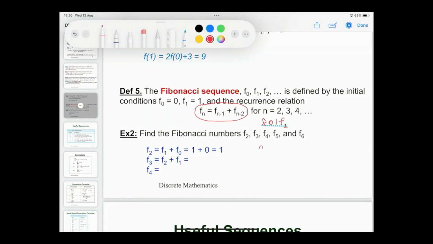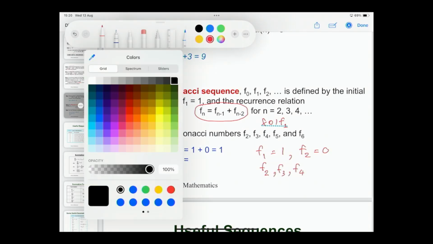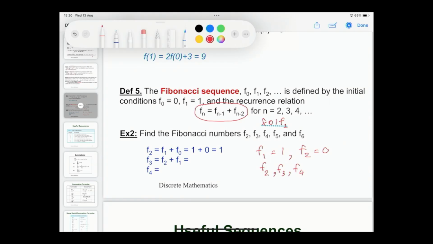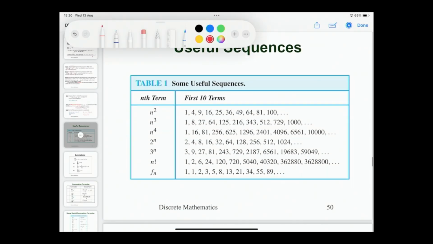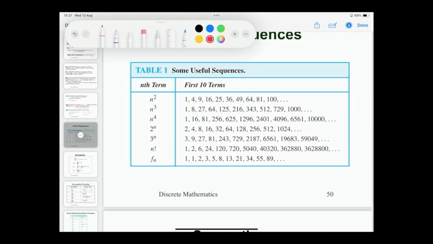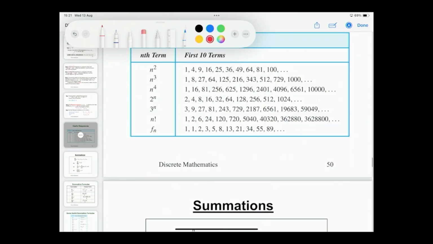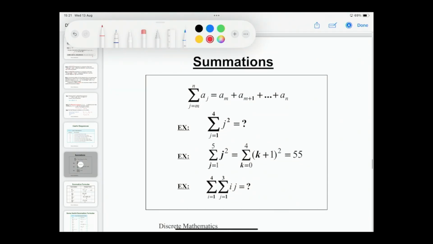Okay, given F0 is 0 and F1 is 1, then we can find out F2, F3, and so on. Okay, this table shows the well-known useful sequences.